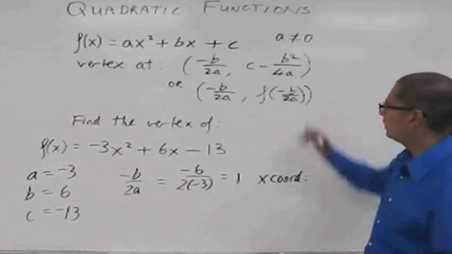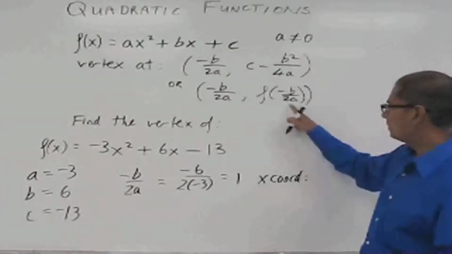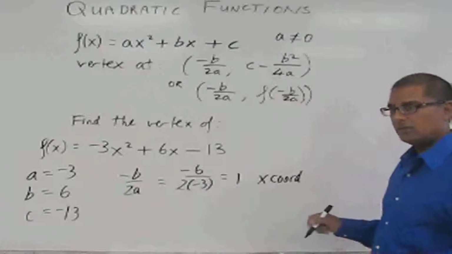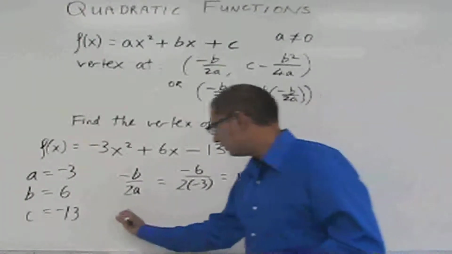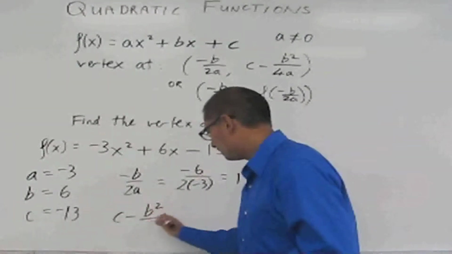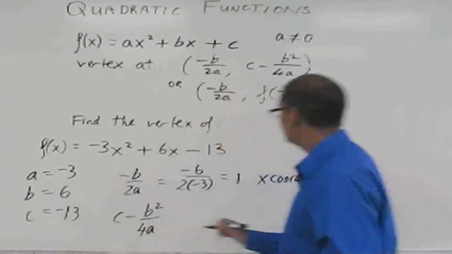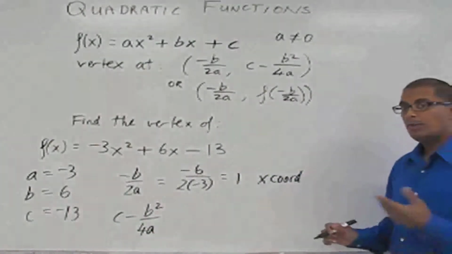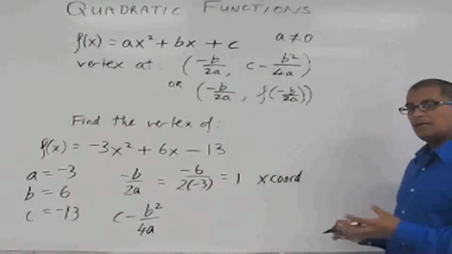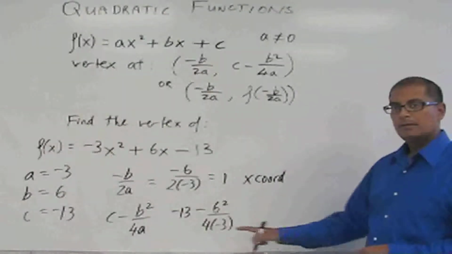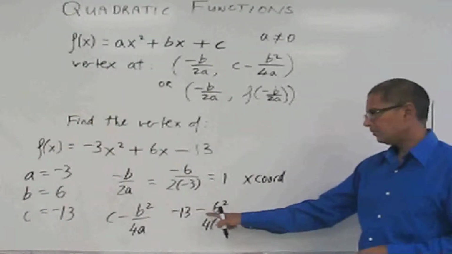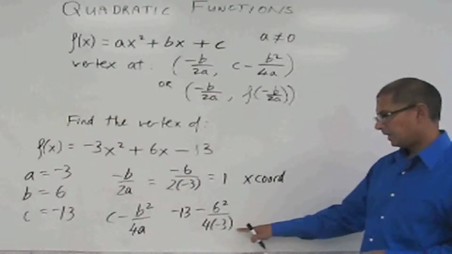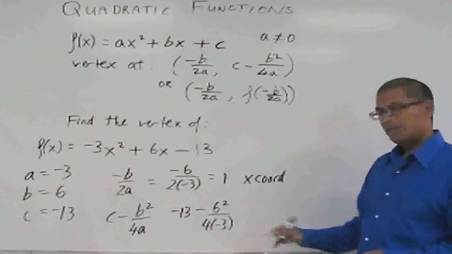Now we want the y-coordinate. We could either use this formula or this one. We're going to do both, just to show that they're the same. So c minus b squared over 4a. If we plug in those values of c, b, and a into the formula, we get negative 13 minus 6 squared divided by 4 times negative 3.